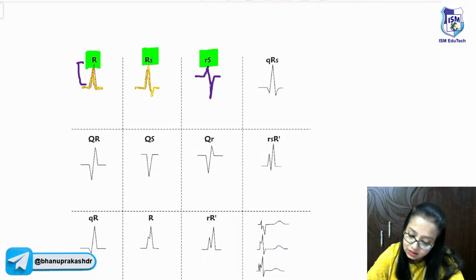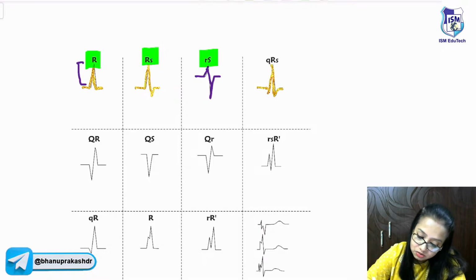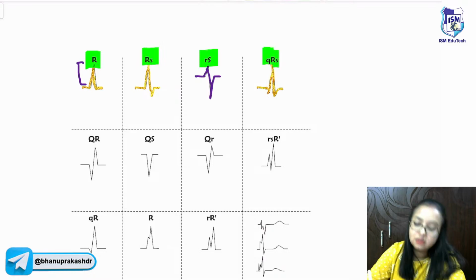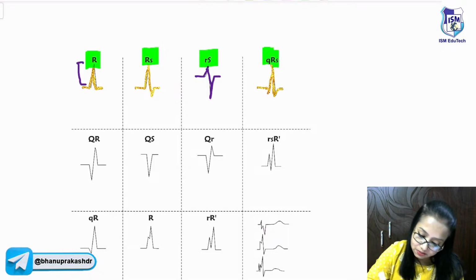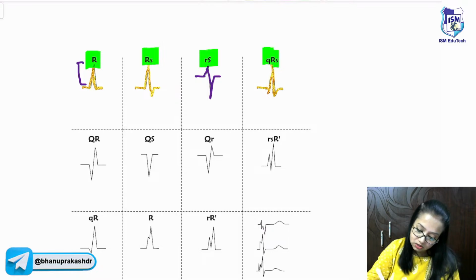Next is a typical QRS complex, in which the R is the loudest, the most prominent peak, and the Q and the S are small deflections. So here only the R is capital, whereas the Q and the S are both lower case. Moving to the next wave, there is one negative and one positive deflection.